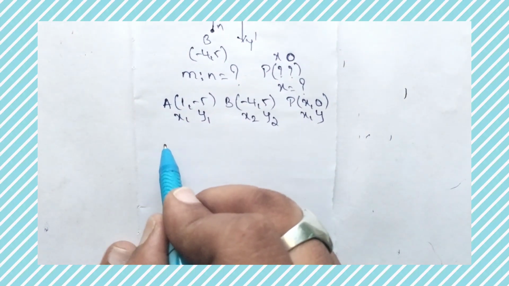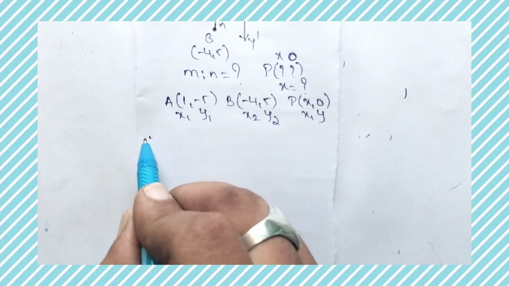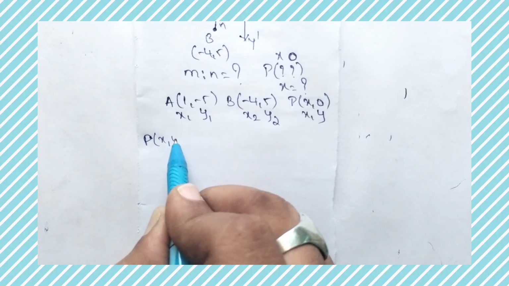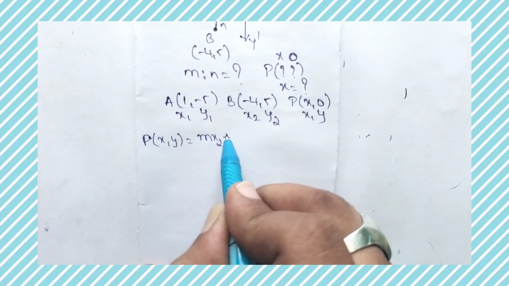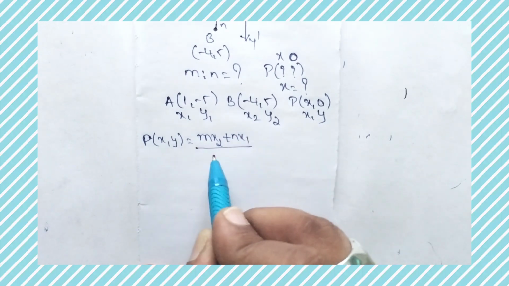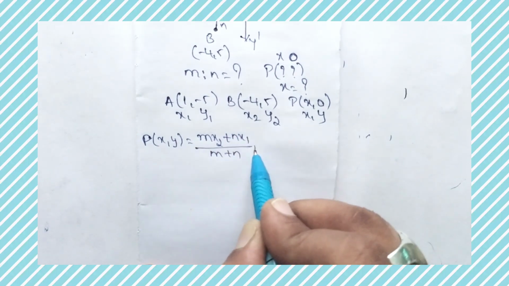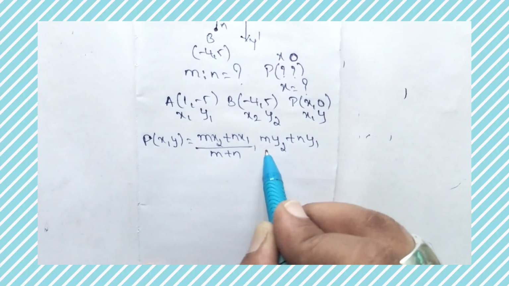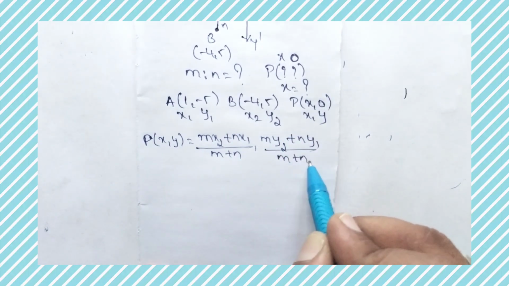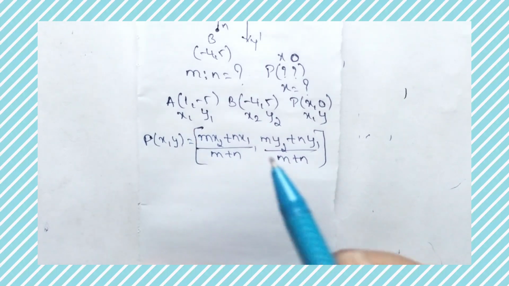So now let us use the section formula. What is the section formula? P(x, y) is equal to (mx2 plus nx1) divided by (m plus n), (my2 plus ny1) divided by (m plus n). First let us find out the ratio.